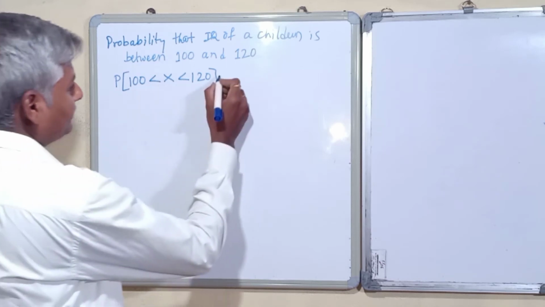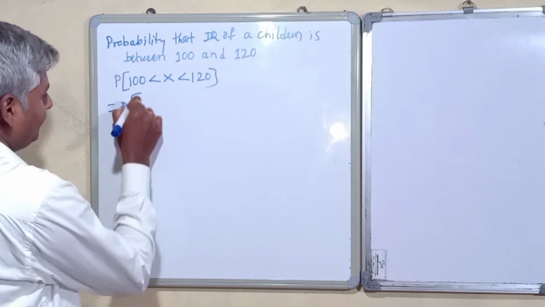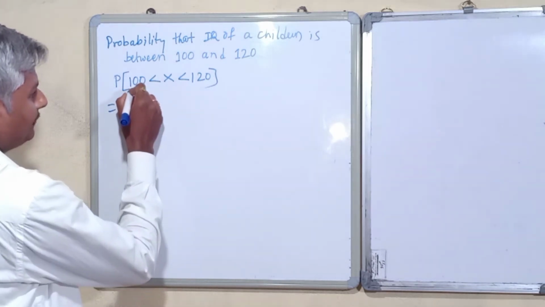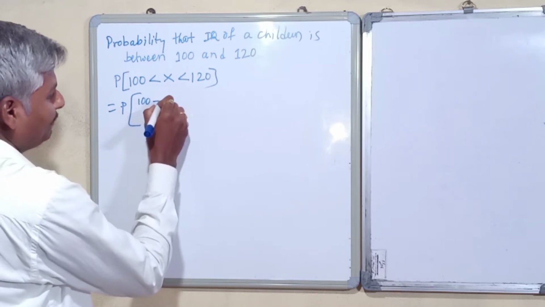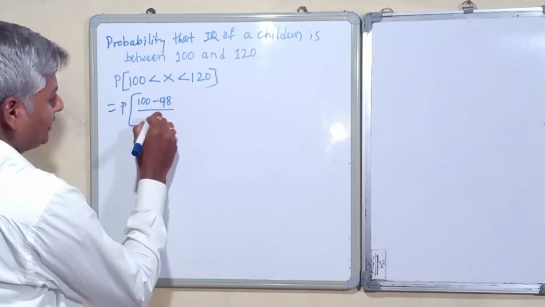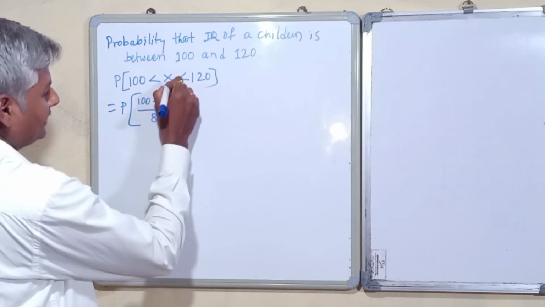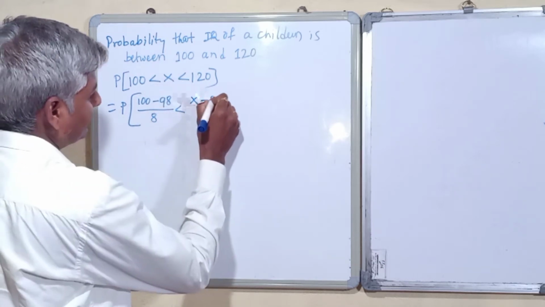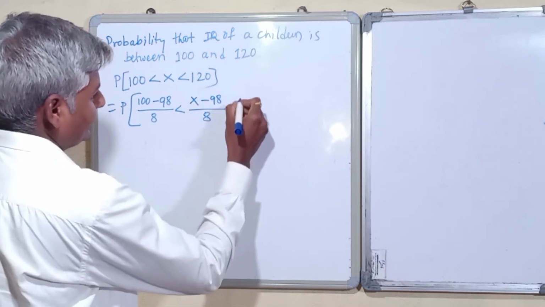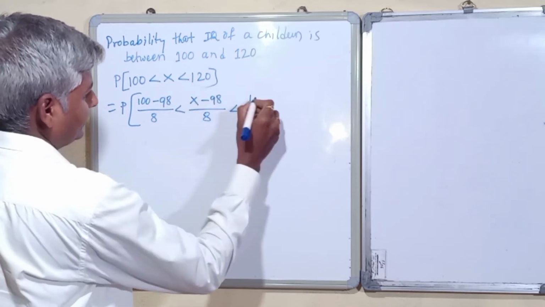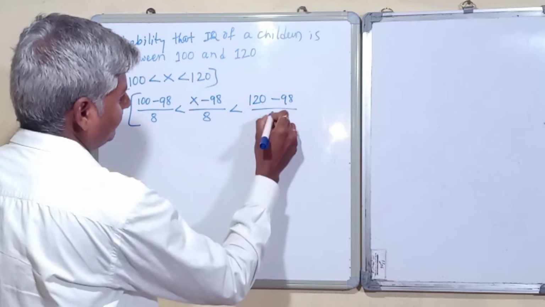Then this can be written as probability of 100 minus mu, which is 98, divided by sigma, which is 8, less than x minus 98 divided by 8, less than, in place of x we write 120, 120 minus 98 divided by 8.